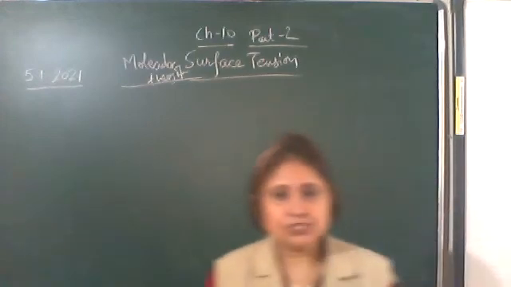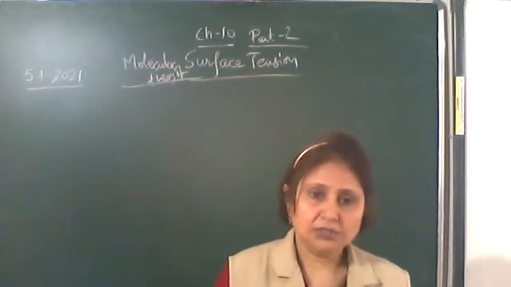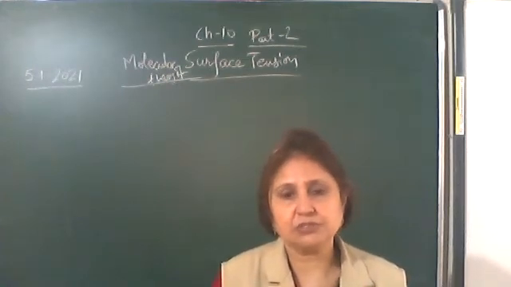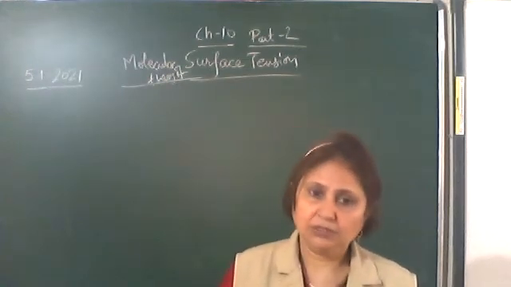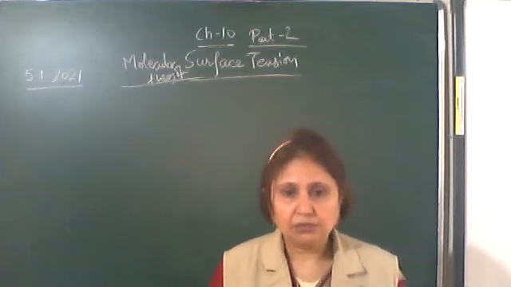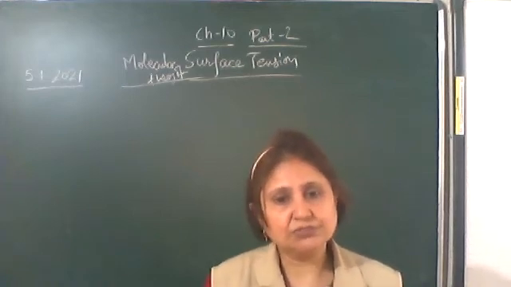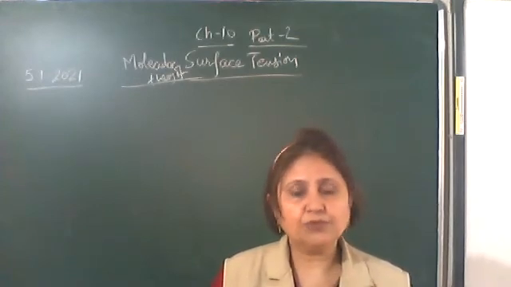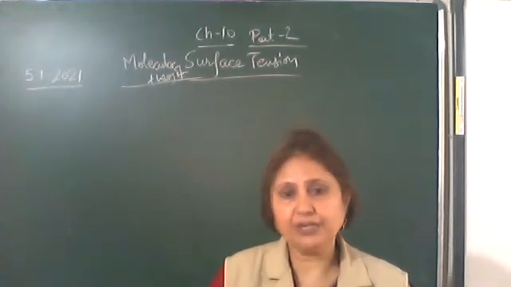Okay, force of cohesion. I think everybody knows, the attractive force between two similar molecules, that is the two molecules of the same substance. You must have studied in chemistry also. The force of attraction between two similar molecules, we call it as force of cohesion. And force of adhesion is the force of attraction between two different molecules.